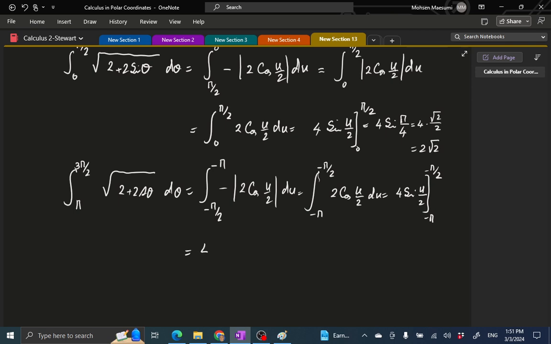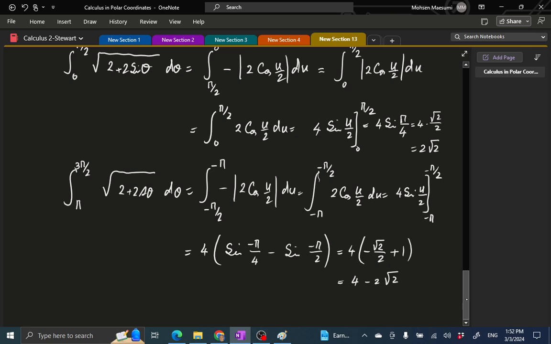So I get 4 sine of minus pi over 4 minus sine of minus pi over 2. This becomes 4 times this minus radical 2 over 2. Minus and minus gives me a plus 1. I multiply it, I get 4 minus 2 radical 2.